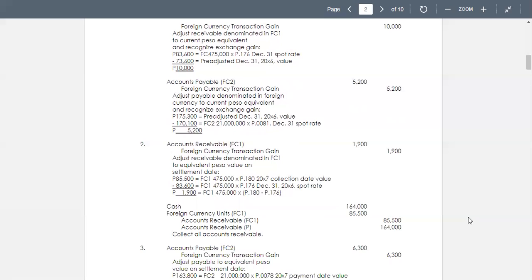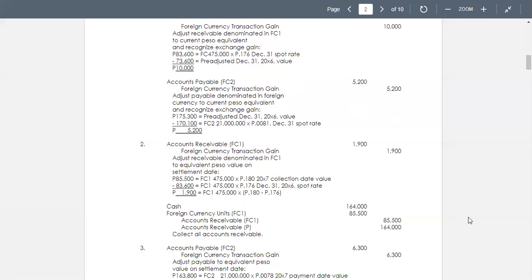So we have debit to cash for 164,000 and then debit foreign currency units 85,500, and credit accounts receivable FC and accounts receivable P. Take note, we have FC and FC1, and FC1 is the equivalent of 85,500.